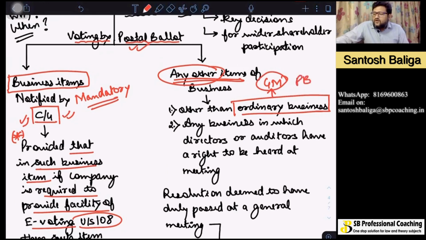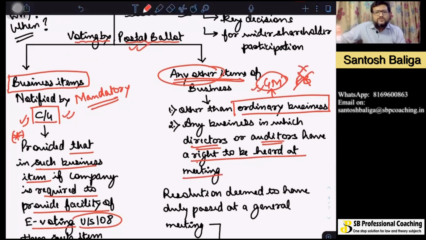Also, in case there is any business item where the director or the auditor have a right to be heard at the meeting, then in that case, it shall be done only in the general meeting and not in the postal ballot.